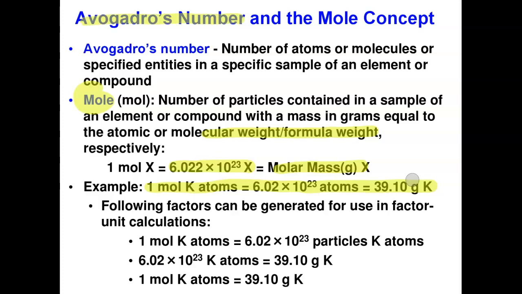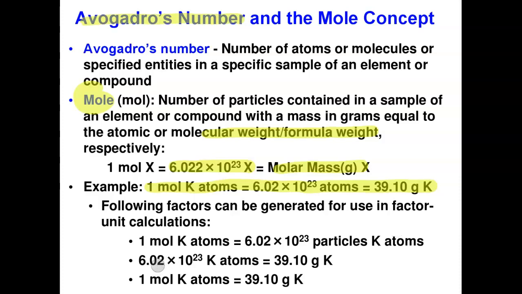What does it mean? Let's now try to make this into pieces. Now we can bring a relationship between a mole and this. That means 1 mole of potassium is equivalent to this number of particles of potassium. It could be atoms, it could be ions, it could be any other specified entities too.